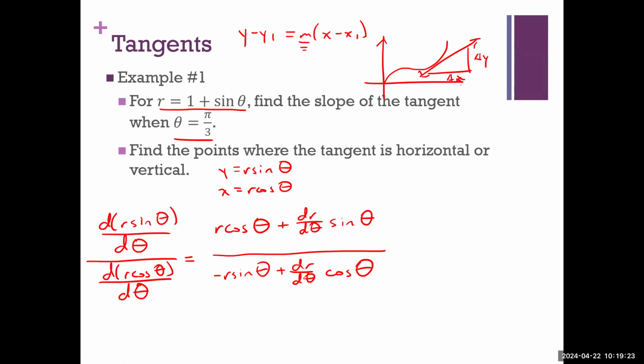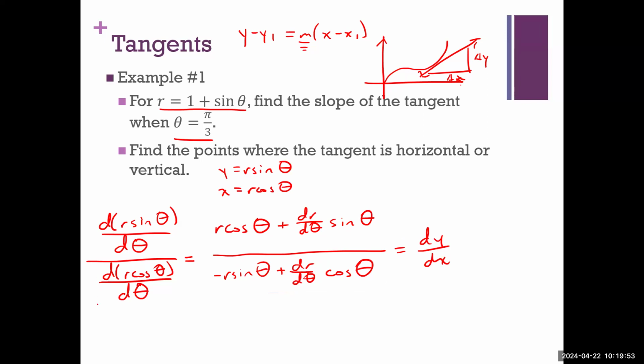Okay, so this right here is generally true for any curve written in polar form. So this will give you the slope of the tangent line. Now that we've done this, can we start evaluating it for the curve we care about?